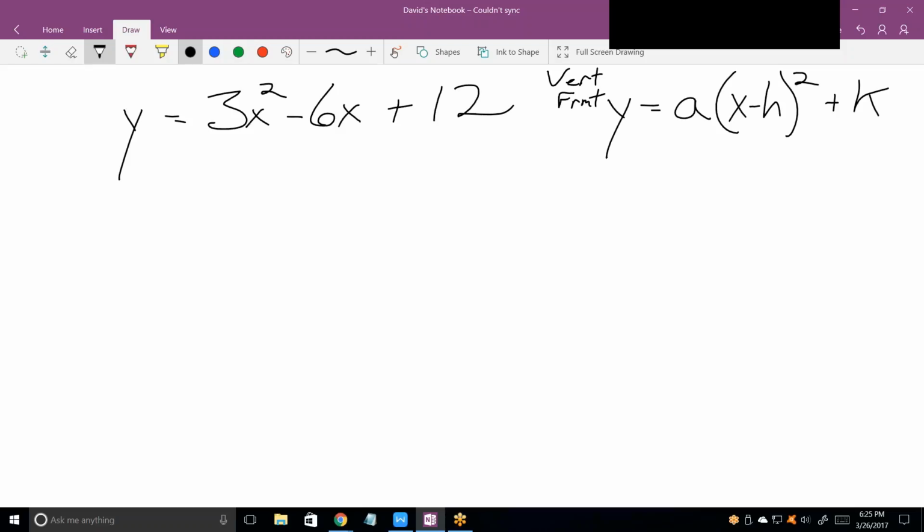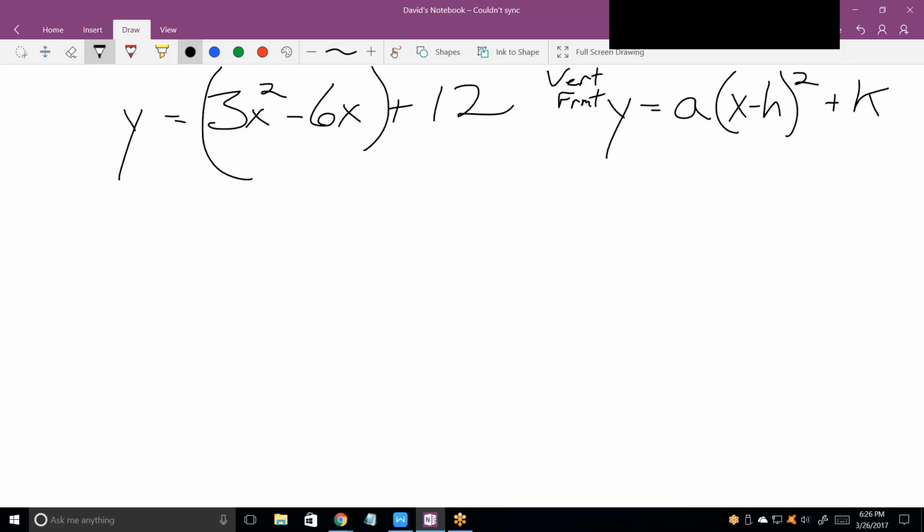The first step of completing the square is putting parentheses around your terms that have x in them. Now, I haven't changed anything by doing that. But you cannot complete the square until the x squared term has a coefficient of 1, not 3, or 2, or 7. It's got to be 1.